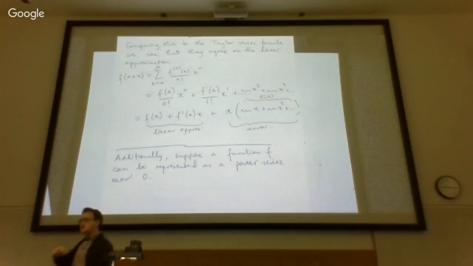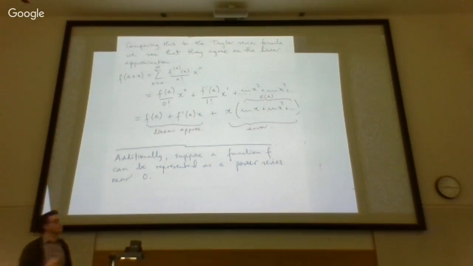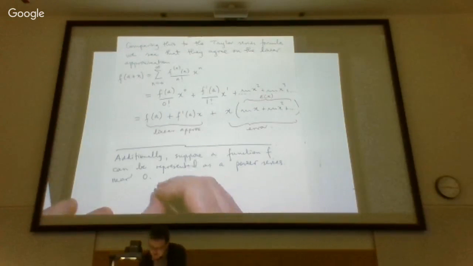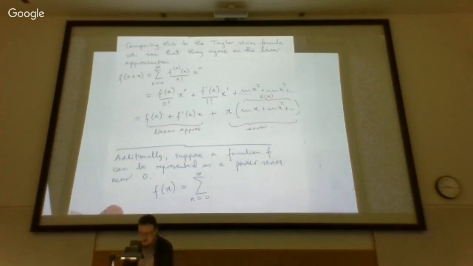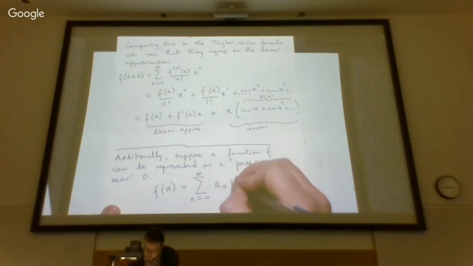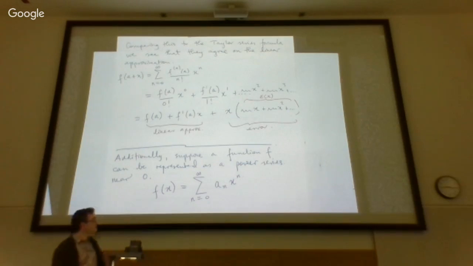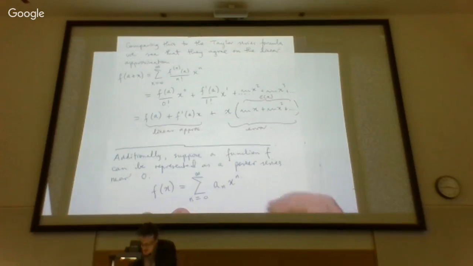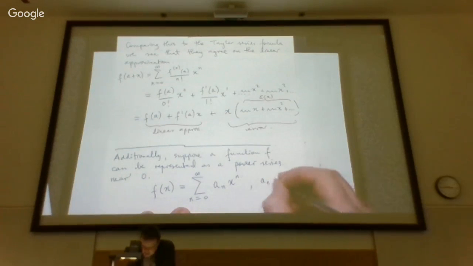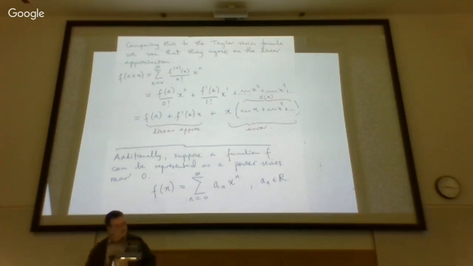Okay, we'll just consider the simplified version of the base point 0 for this. Suppose f could be represented as a power series. So not specifically a Maclaurin series, but just some kind of power series. Suppose we could represent our function f as a power series, and this is the general form for a power series, just an infinite polynomial in the variable x with various coefficients an, and we'll say that the an are all real numbers.